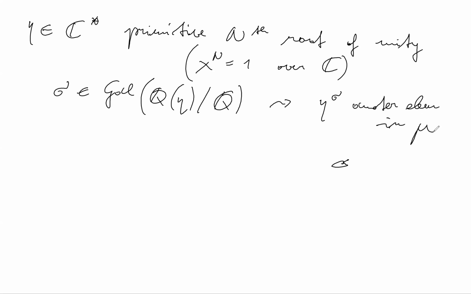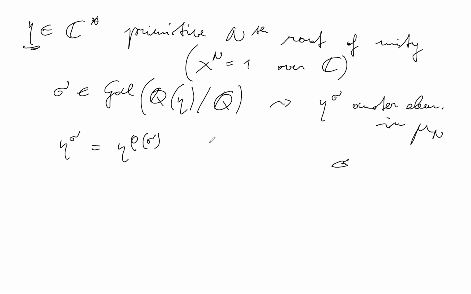I'm just going to denote the group of n-th roots of unity by mu_n. So sigma(eta) is another element in mu_n. And because mu_n is cyclic, this means that I can write sigma(eta) as the original eta raised to some exponent which corresponds to this Galois element sigma.